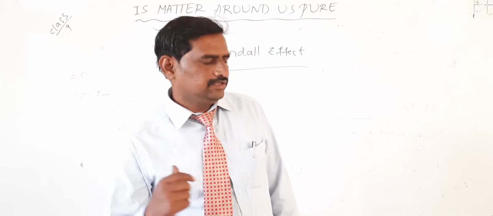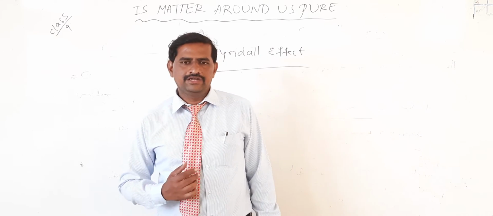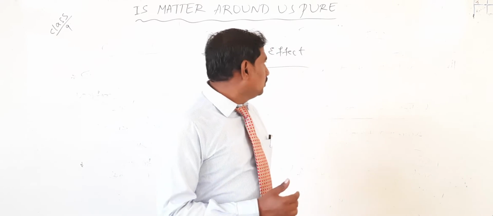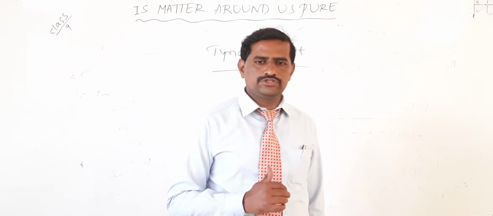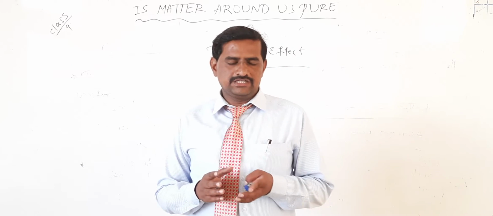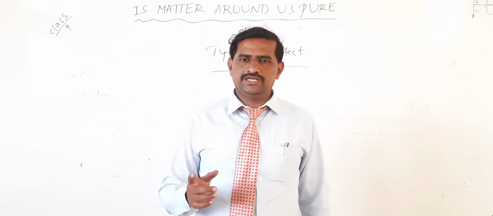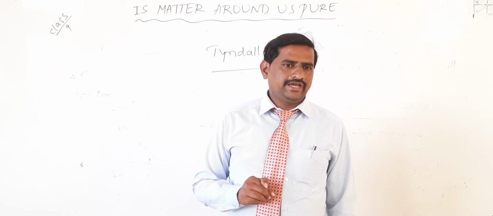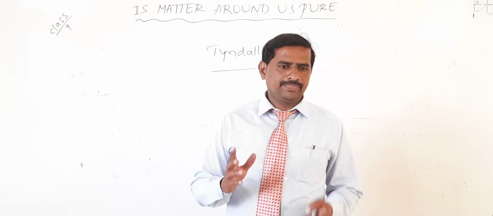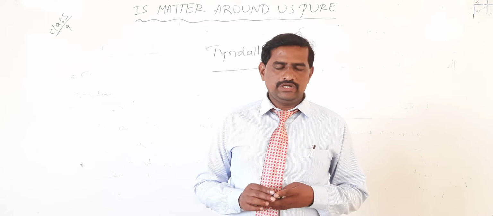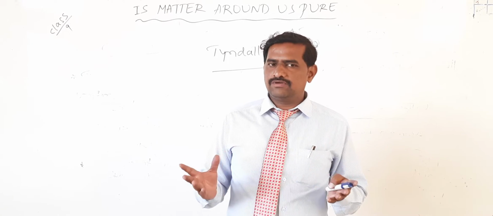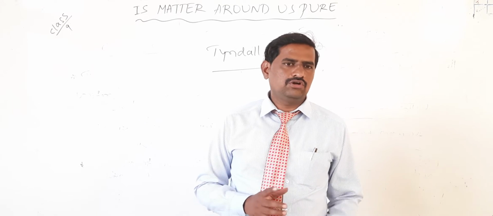In the suspension also, scattering of light takes place. The next one is colloidal solutions. The particles are very small and we can't see them with our naked eyes. Example: milk. Colloidal particles usually scatter the light. The scattering of light through the colloidal particles is called what?